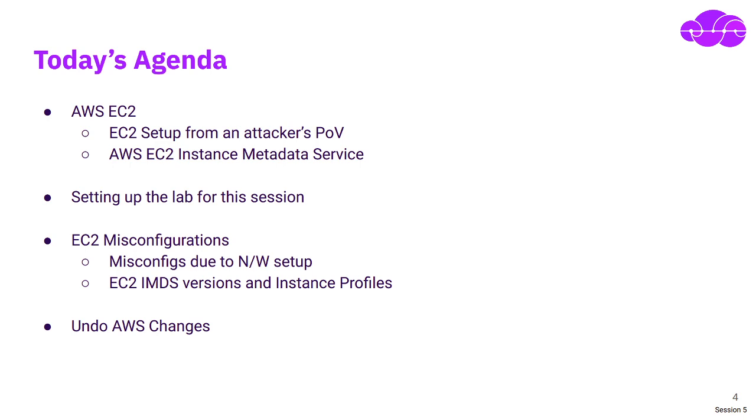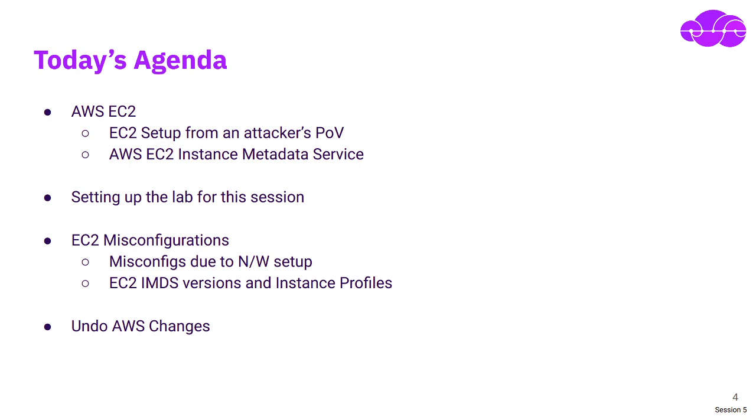We're going to do multiple hands-on sessions with that and set up a lab for this. We'll also talk on the surface about what misconfigurations can arise in EC2 because of network setup, security groups, and things like that, and the EC2 IMDS, the instance metadata service.